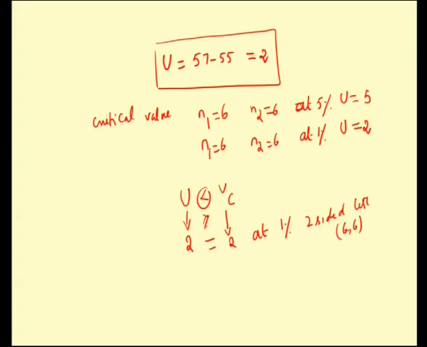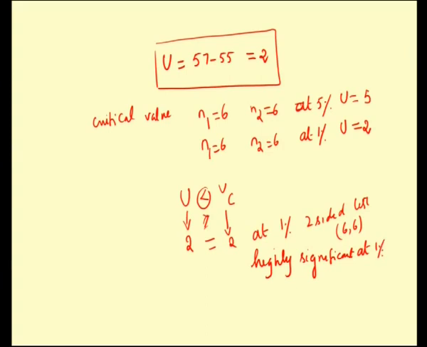If it is lesser than, we say that we reject the hypothesis. So, in this case we say that it is highly significant at the 1% level.